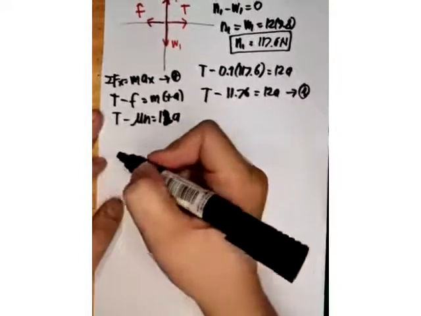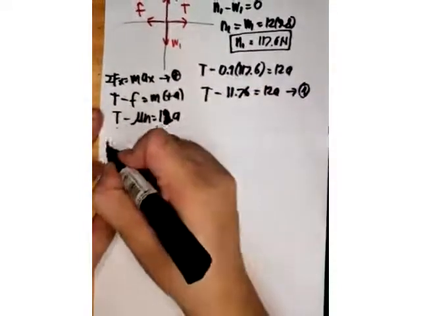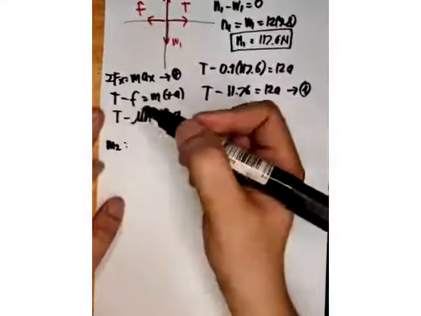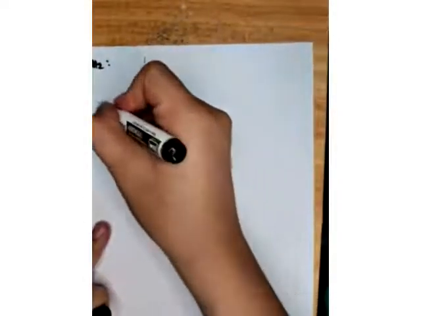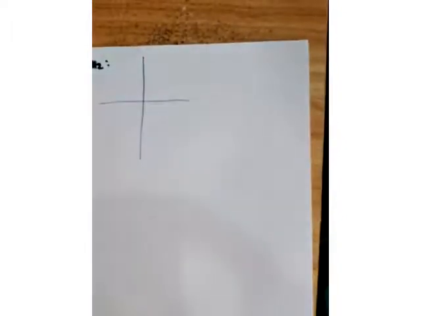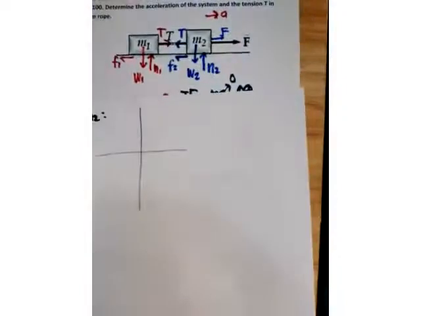Now let's proceed to our second object. So we're done with the first object. Let's draw the forces acting on the object M2.